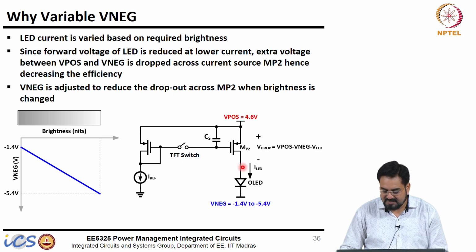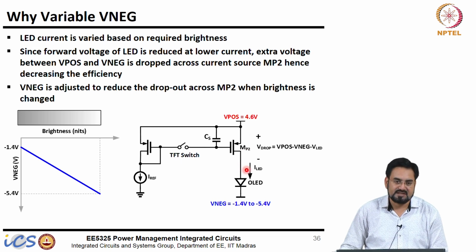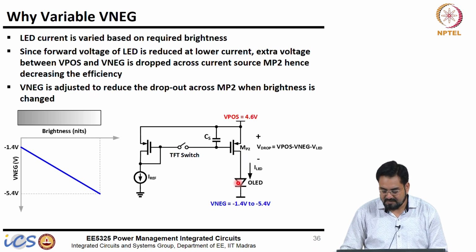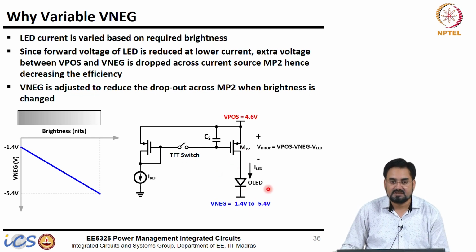But the problem here is that since this current is constant, this voltage has to drop. Because we have a constant current, this voltage has to go low when you are reducing the current, because this LED has to maintain its forward voltage.